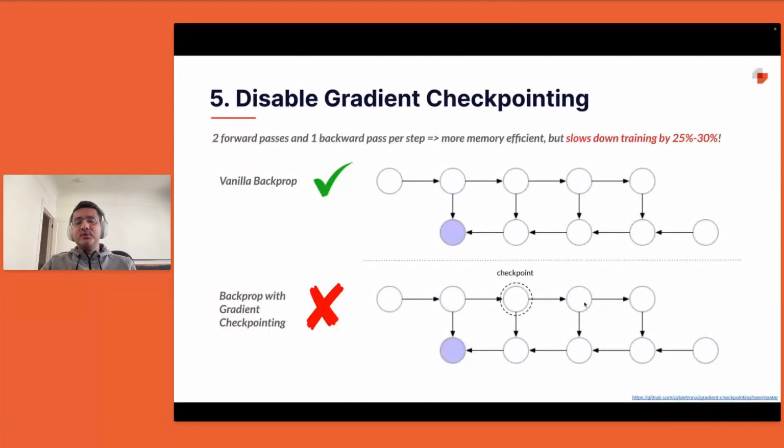And when you need to compute the activations again, you can just forward pass from the checkpoint to the next few layers, then compute their losses, update those parameters, and then forget the checkpoint. So effectively, what you're doing is 2 forward passes and 1 backward pass for every step, which is definitely more memory efficient because you scale down memory by almost the square root of n, but it slows down training by 25 to 35% in practice.